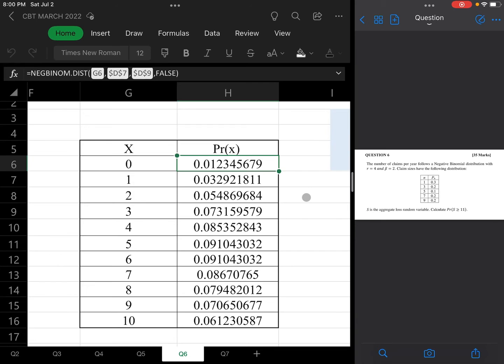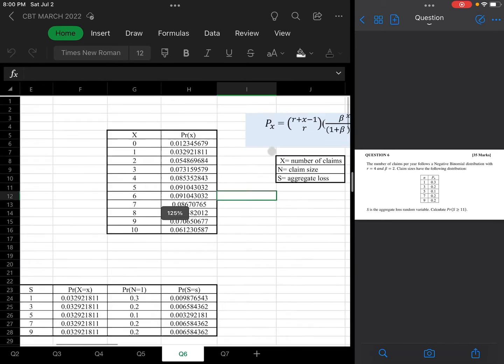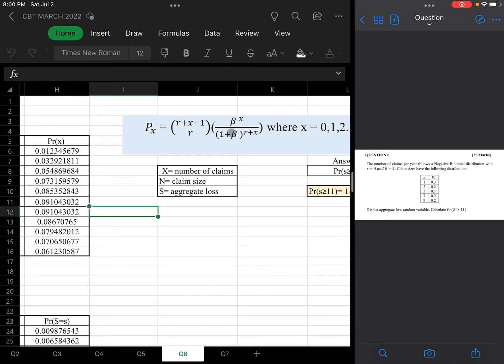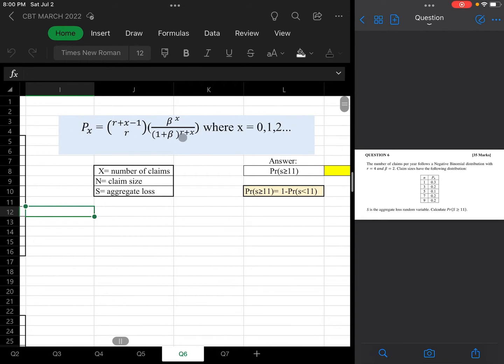The first thing that we should do is calculate the probability of x, which can be done by using the negative binomial distribution. This is the PDF of the negative binomial distribution with parameters r and b, where x can be 0 to infinity.